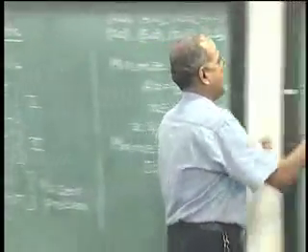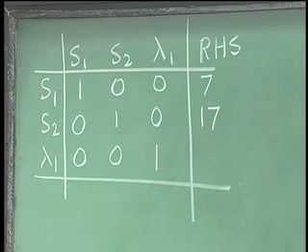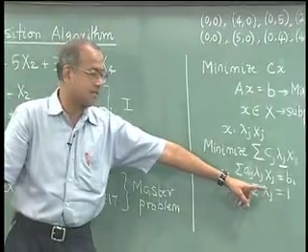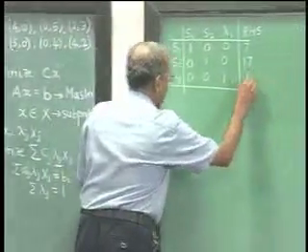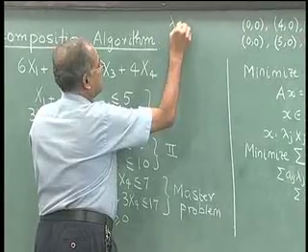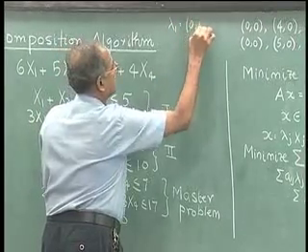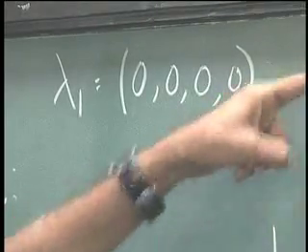So, the right hand side values are 7 and 17, and for this constraint the right hand side value is 1. So, it is 1, and we have also defined lambda 1, which is our first starting point, to be 0 0 0 0, which comes out of these two.